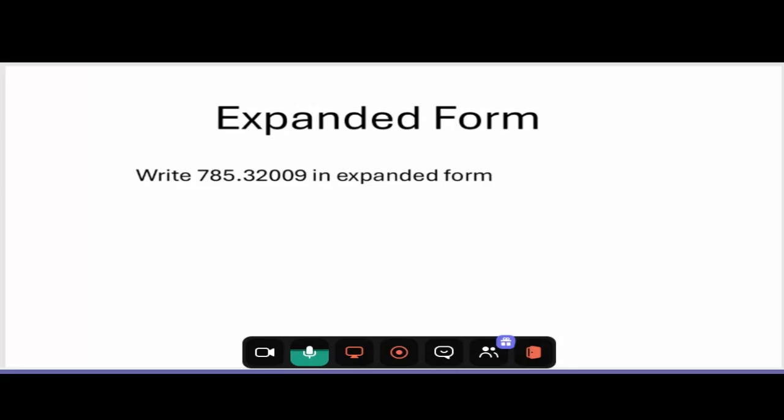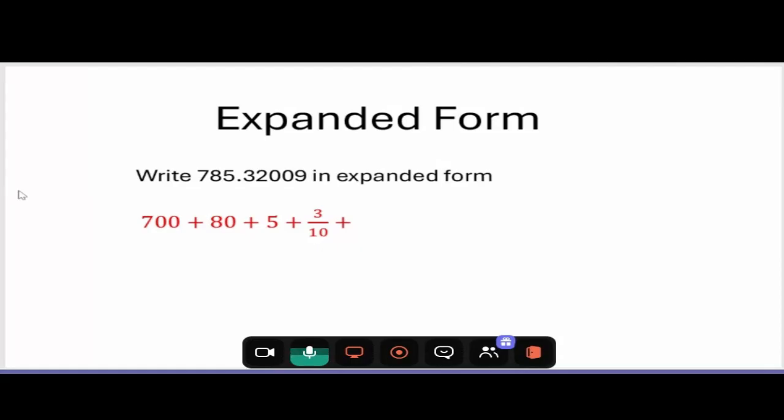Let's start on the left side there with 7 hundreds, 8 tens, and 5 ones. Like so, 700 plus 80 plus 5. Now in the tenths position we have 3 tenths. And when I last did this lesson, at the end someone said, I'm confused about why they call them the tenths and the hundredths and the thousandths.